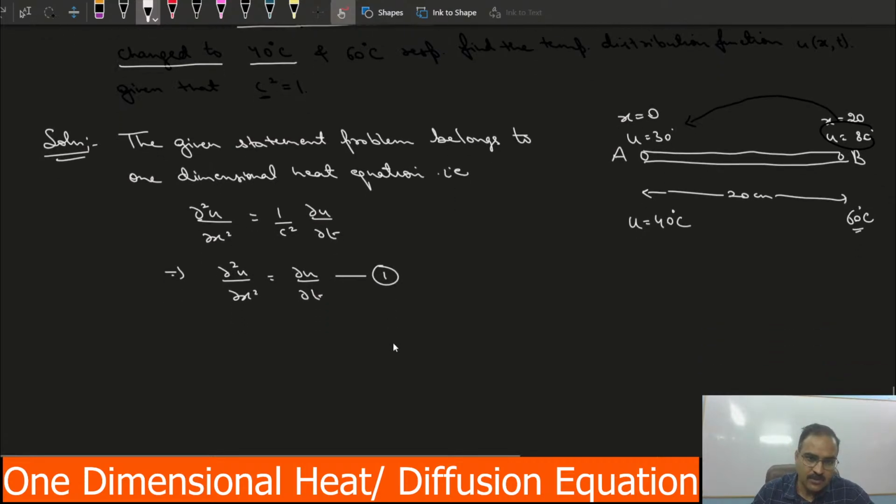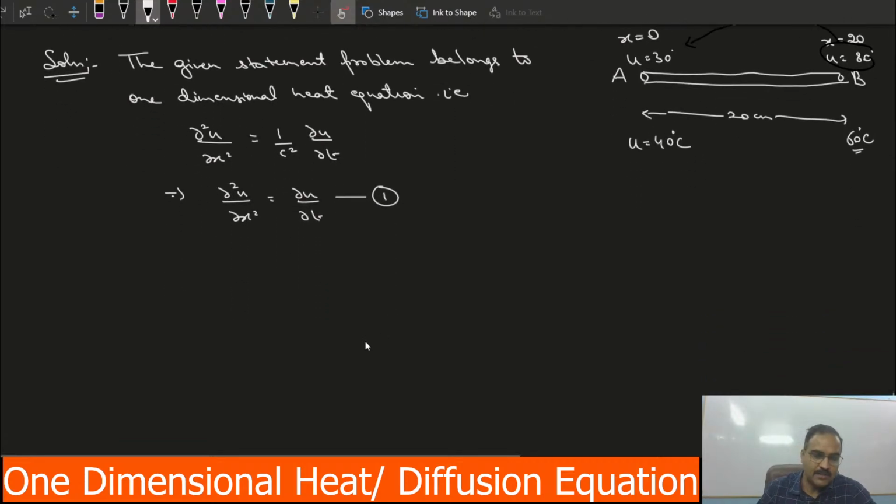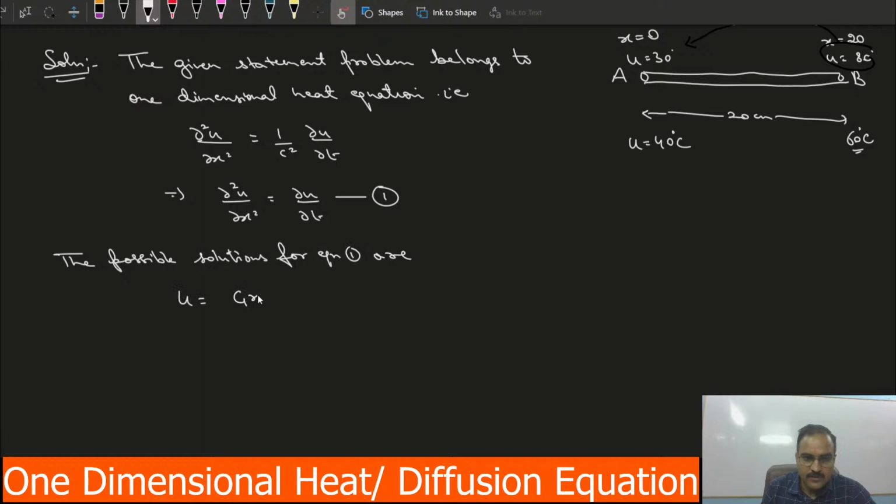Similarly, u is a function of x and t, so u is equal to X into capital T, and the possible solutions for equation 1 are: u is equal to (c1 x plus c2) into c3; u is equal to (c1 e raised to power minus p x plus c2 e raised to power p x) into c3 e raised to power p square t, I am substituting c square as 1, okay?